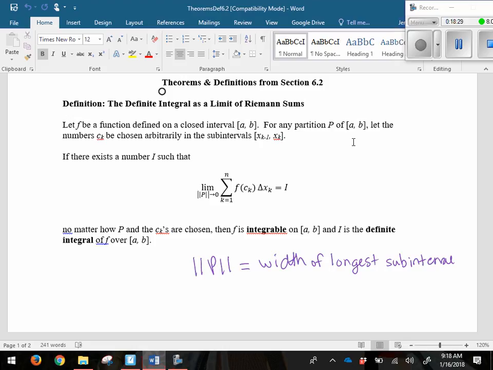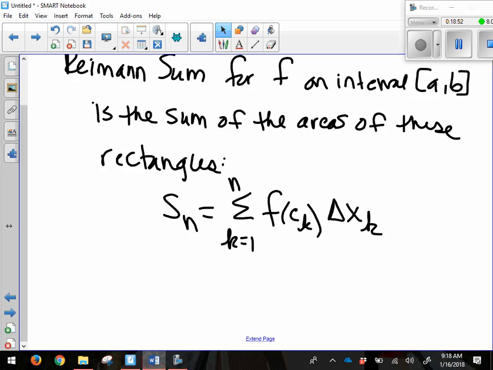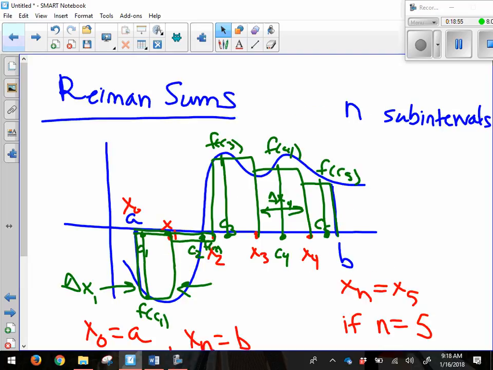For any partition P of ab, so that's however many values of x I choose to break my interval into, let the number ck, those were those values we picked to be the height, be chosen arbitrarily in the subintervals x sub k minus 1 to x sub k. You know what that means, okay? That was this, all right, that I'm just picking these random values that I'm going to use to find the height of my rectangle.